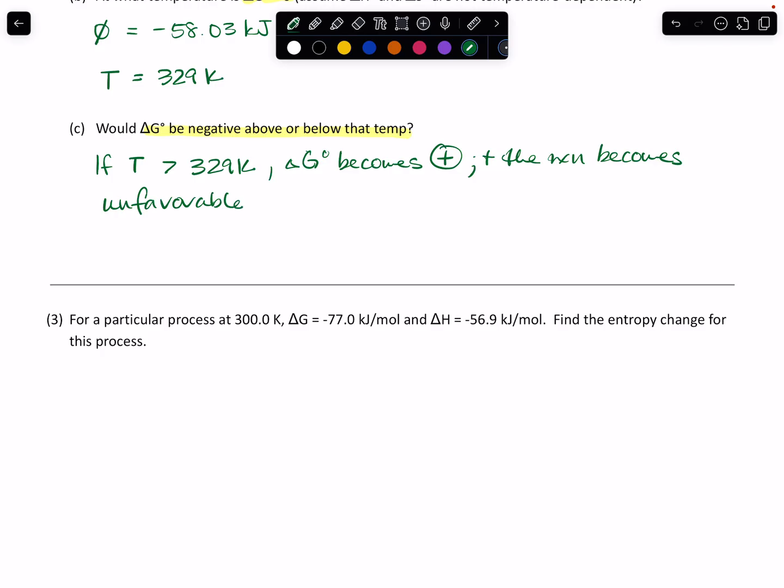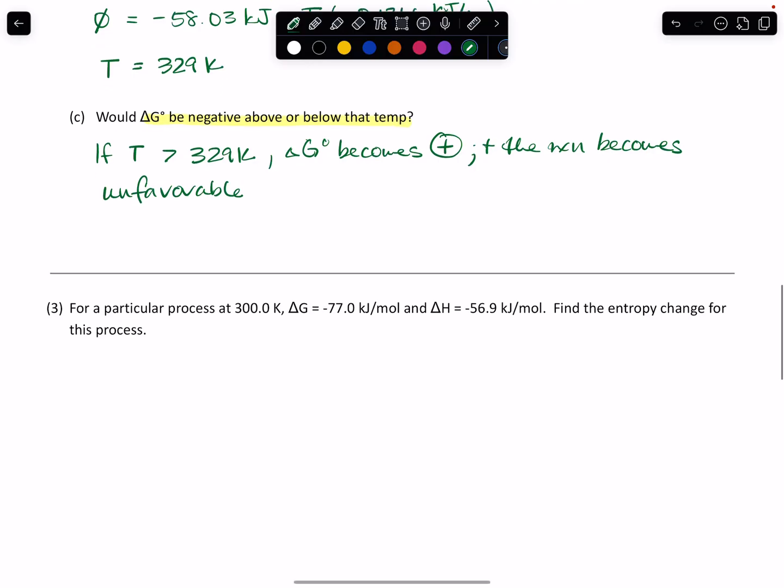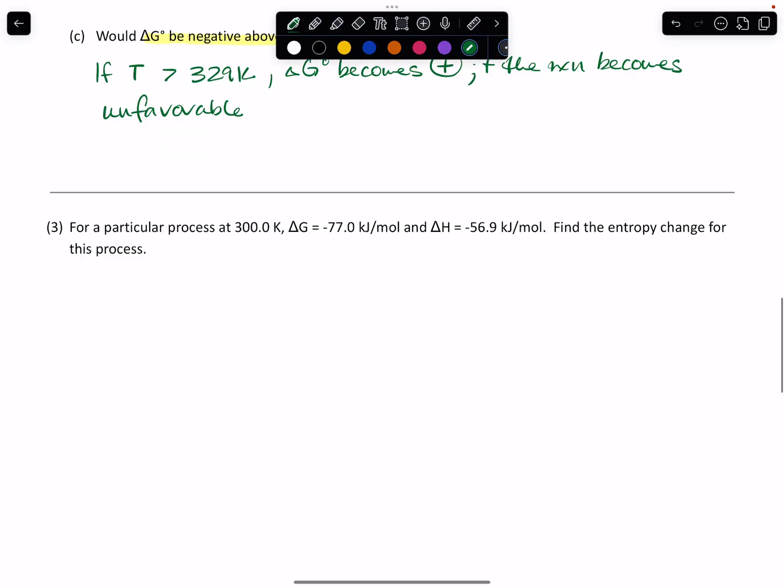So this reaction is driven by that temperature. If we go above 329 degrees Kelvin, then that T delta S portion is going to be greater than the enthalpy portion, making delta G positive. And when that happens, the reaction becomes unfavorable. So that means energy would need to be absorbed for it to occur.